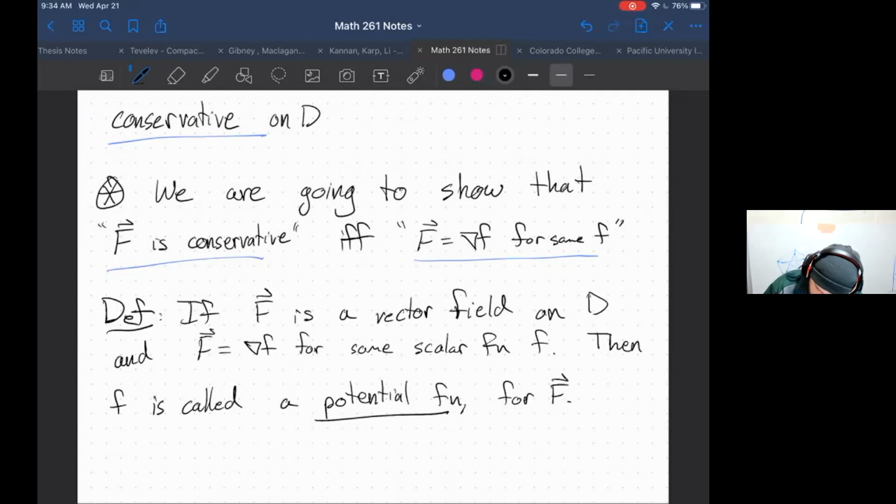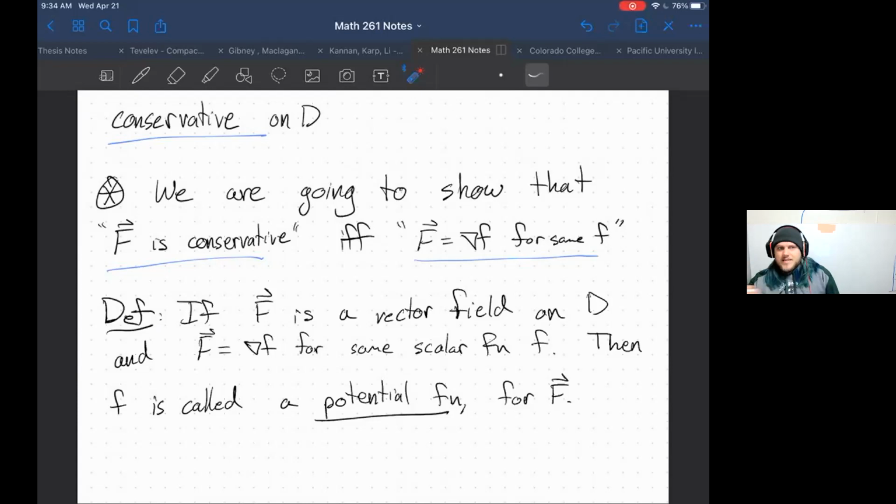But one other careful thing that I want to point out here is I said it's a potential function. It's not the potential function. What this implies is that there may be many scalar functions which give you the same gradient vector field. And that is true, right?